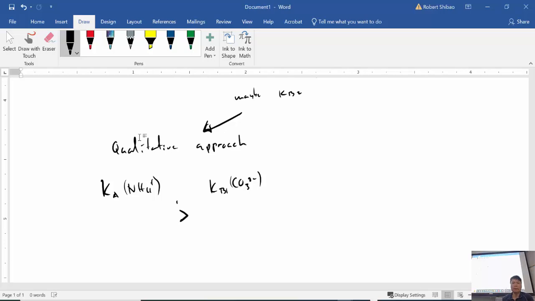If Ka for ammonium is bigger than Kb for carbonate, then the pH should be less than 7. If the Kb for carbonate is bigger than the Ka for ammonium, then the pH should be greater than 7. If they're about comparable, then the pH is around 7.